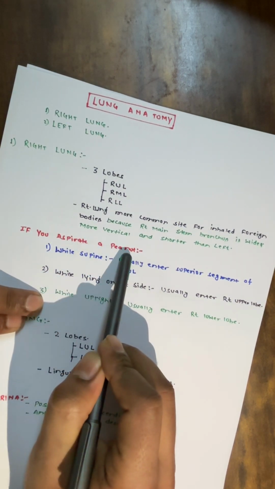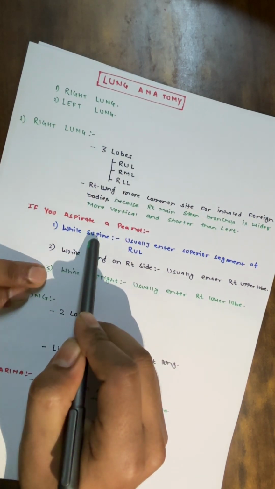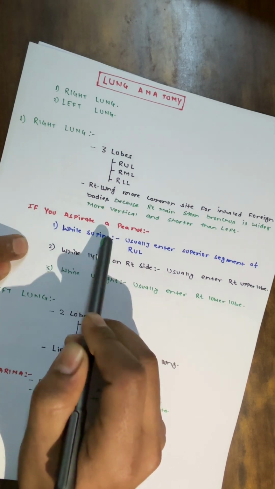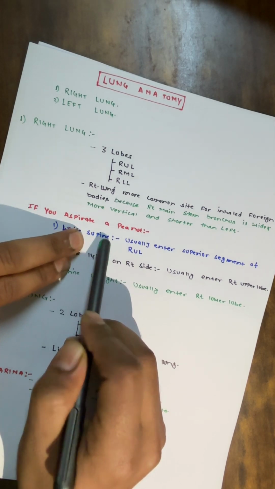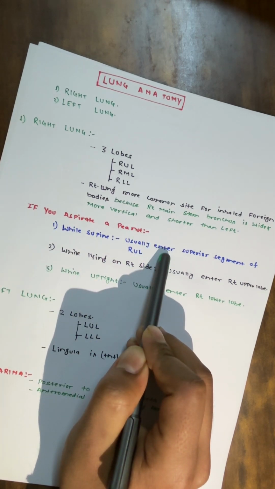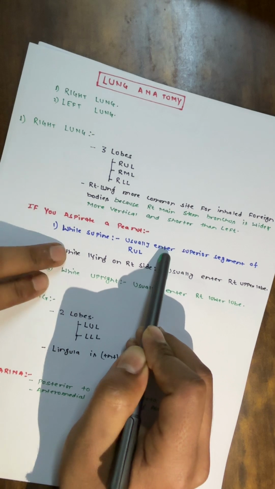If you aspirate a peanut and the patient is in supine position, meaning lying down, then the object usually enters the superior segment of the right lower lobe.